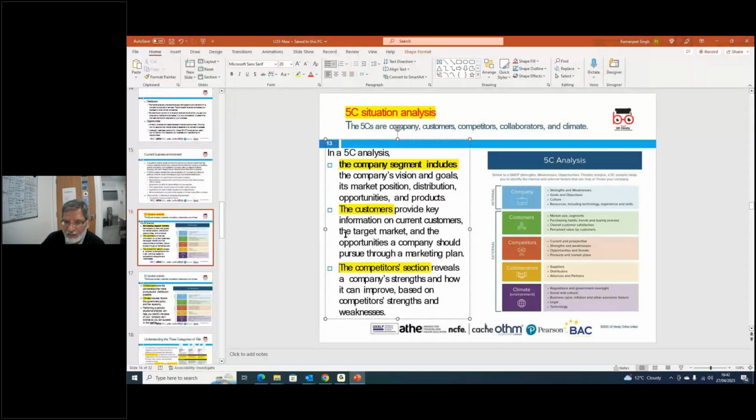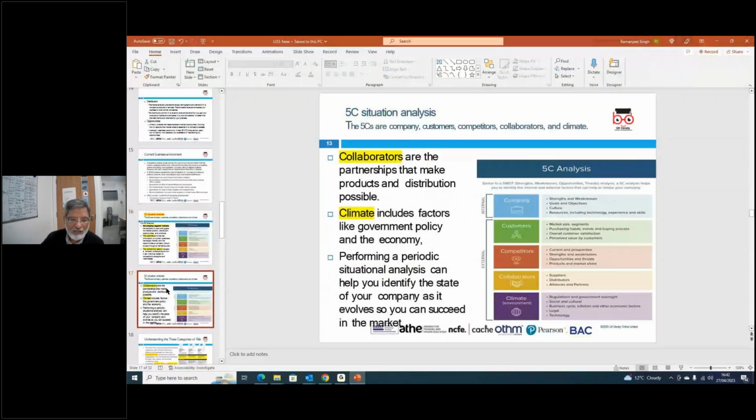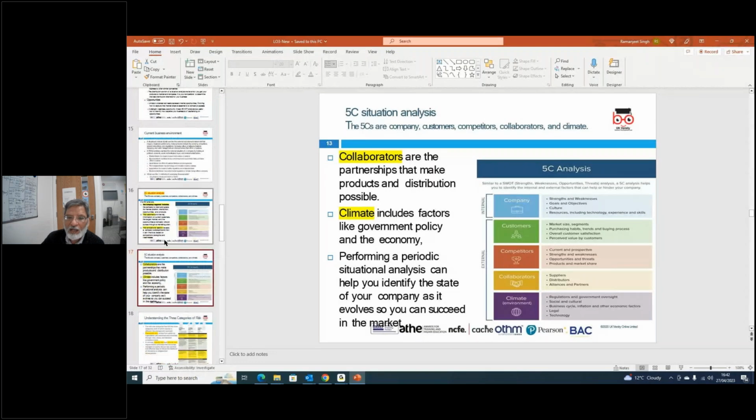Then the third C, situation analysis, is the competitors section, i.e., how you are going to compete against your competitors' behavior, depending on your SWOT analysis. The fourth element in situation analysis is the climate: factors like the external environment, internal environment, economic situation, exchange rate, government policies, and the state of the economy.